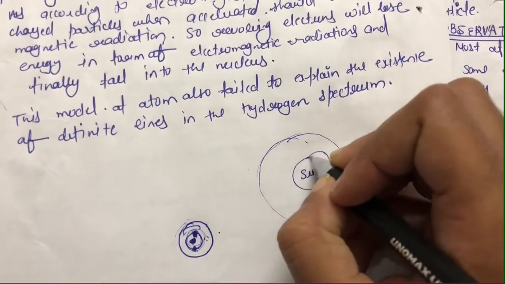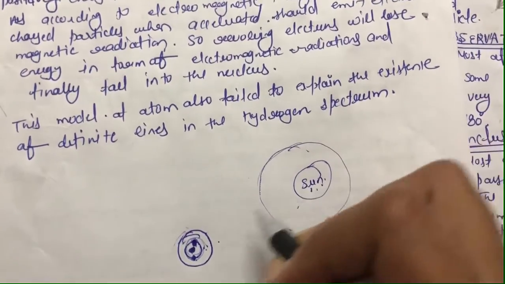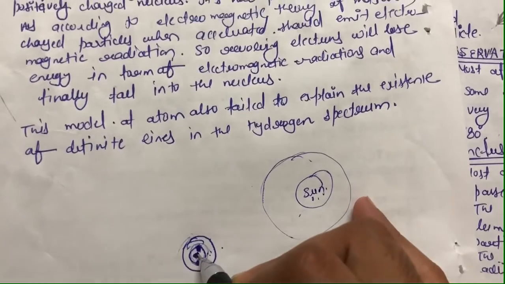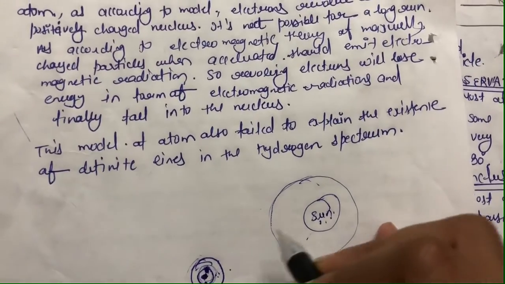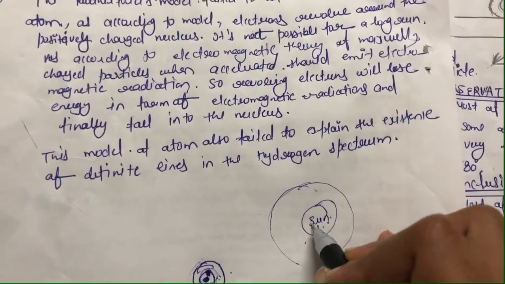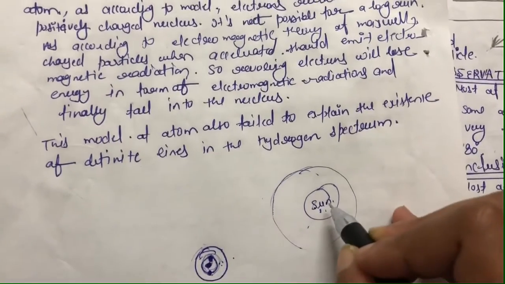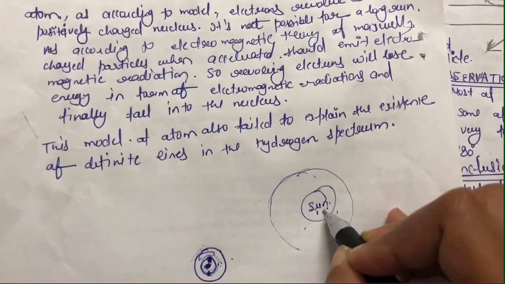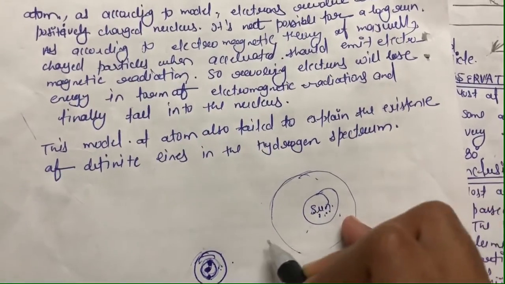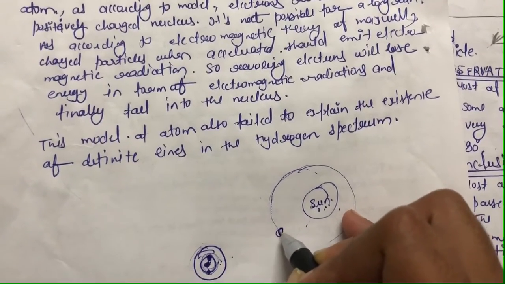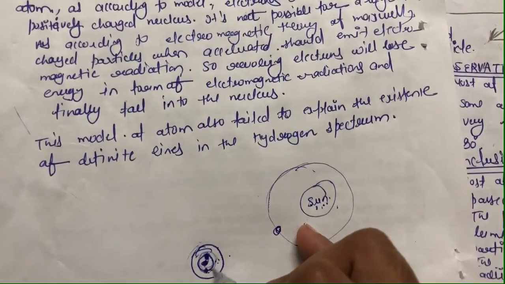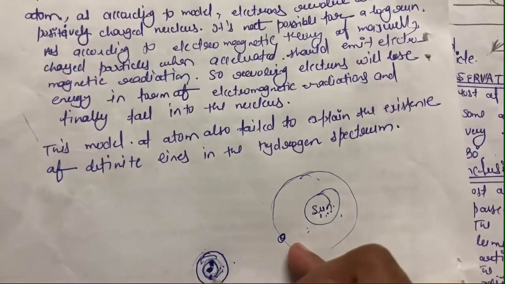This is the best example showing the resemblance of the model of the atom with the solar system. Clear? Here the nucleus is replaced by the sun in the solar system, and the planets play the role of the electrons. Clear?